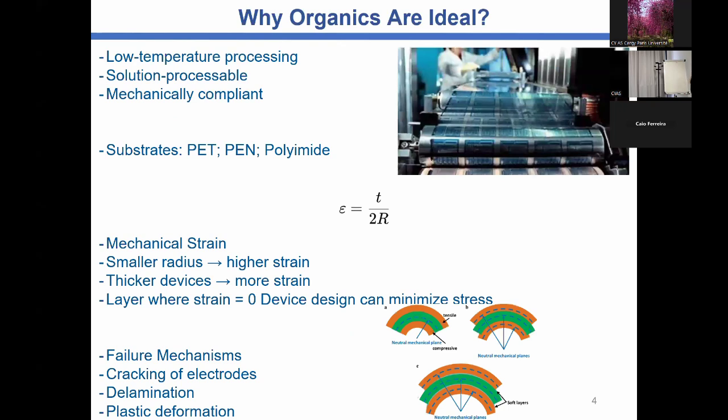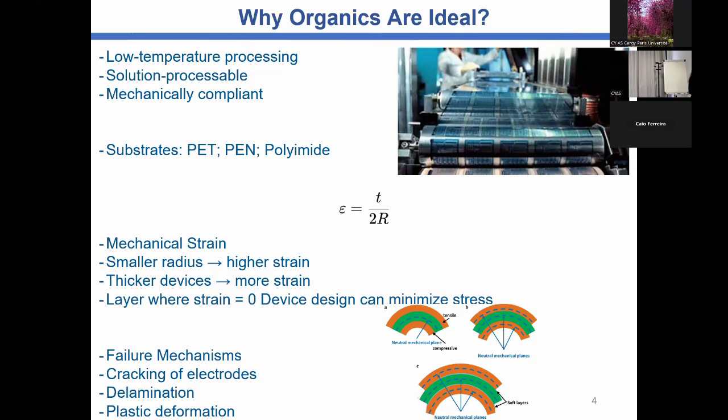And why are organics ideal for this application? Because organics, and also the hybrids with perovskites, can be processed at low temperature. This enables deposition over large areas. For instance, here we can see a picture of a roll-to-roll machine with slot die coating.